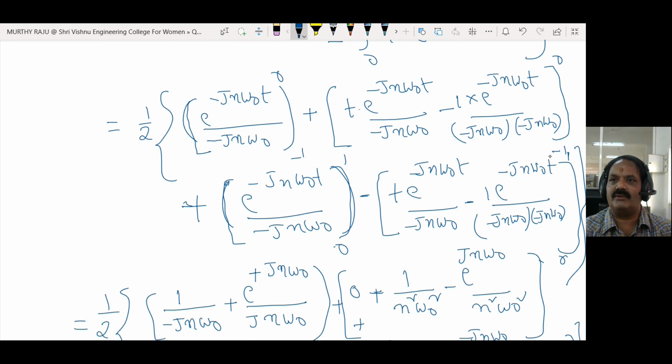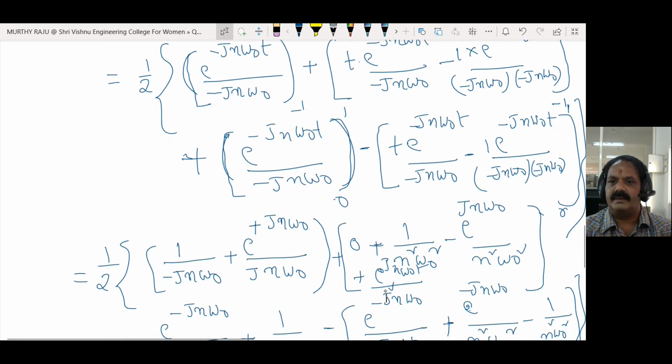This one is minus 1, minus into minus plus j square, minus 1 is substituted here, e power j n omega naught t by n square omega naught square.